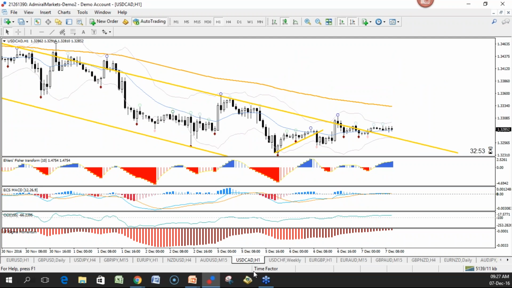Market pretty sleepy at this moment. Dollar CAD didn't get the follow through to the downside. It went sideways for 5 hours, and then we got the opposite. Now going sideways.